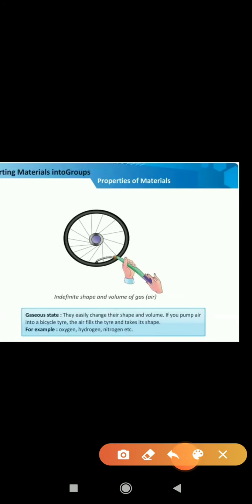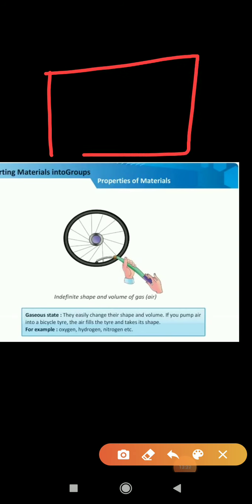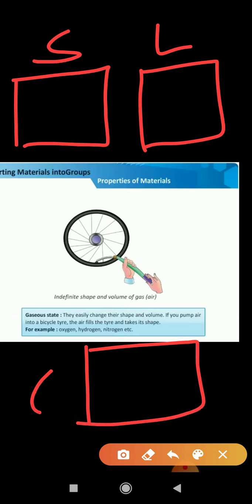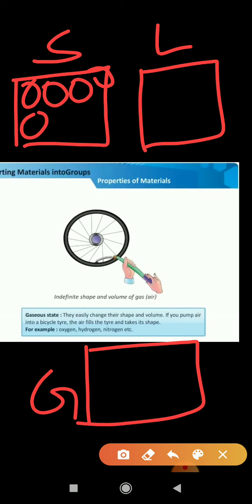And if we talk about the particles of gaseous state, they are very far from each other. Okay, so let's take a look at solid state, liquid state, and here gaseous state. In solid state, the particles were very close to each other.